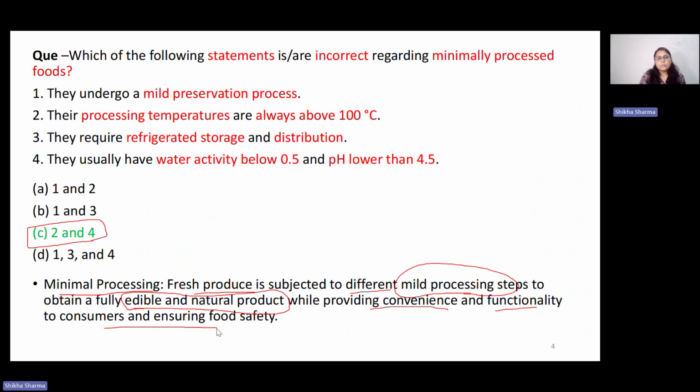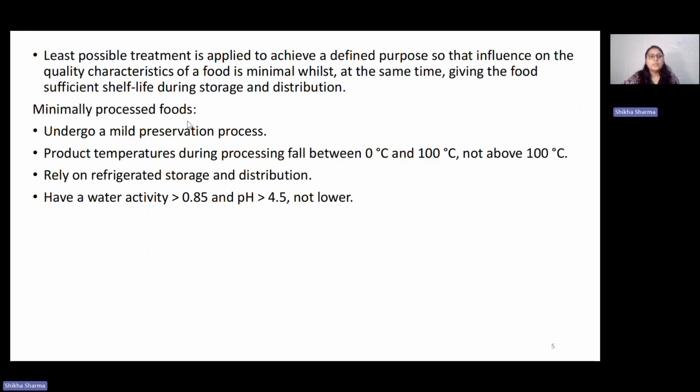Simultaneously, it should be as close as possible to the fresh produce, so the quality damage is minimal and it is similar to fresh produce. The least possible treatment is applied to these kinds of food products so that the defined purpose is achieved and the influence on the quality characteristics of the food product is minimal.